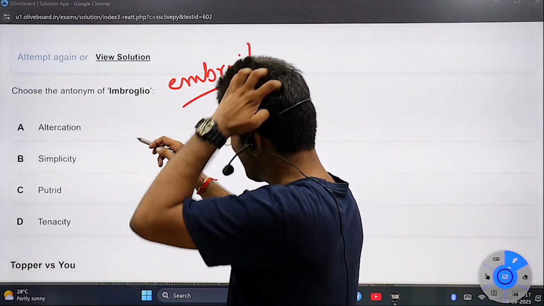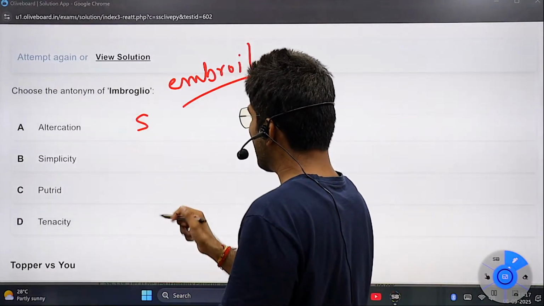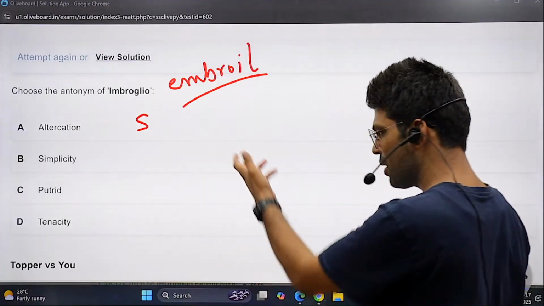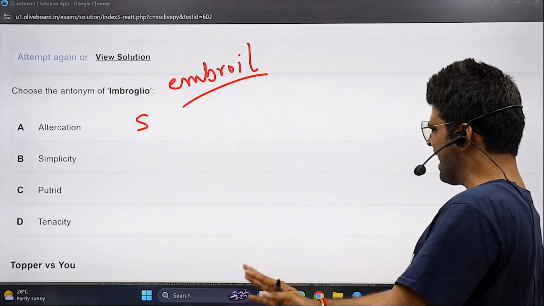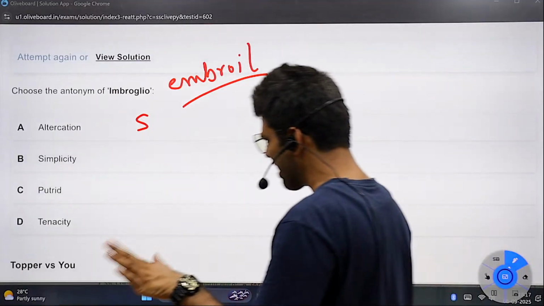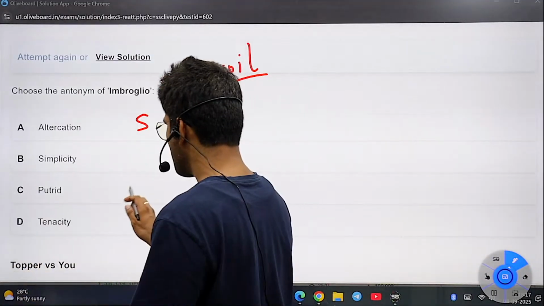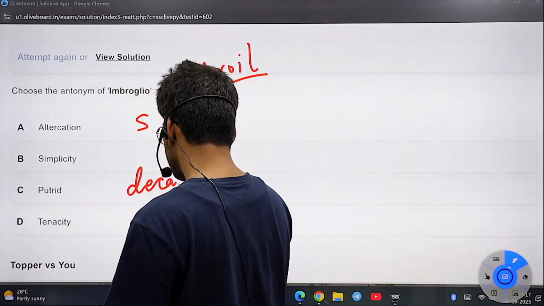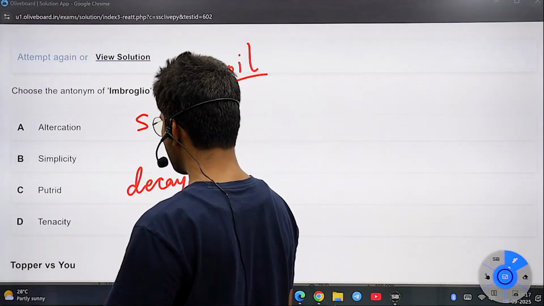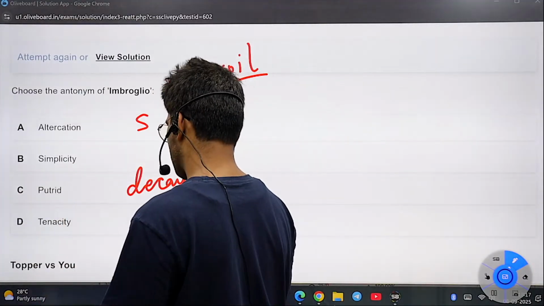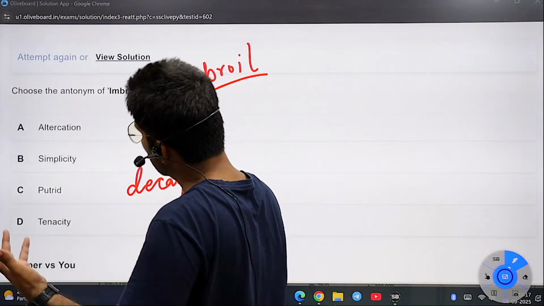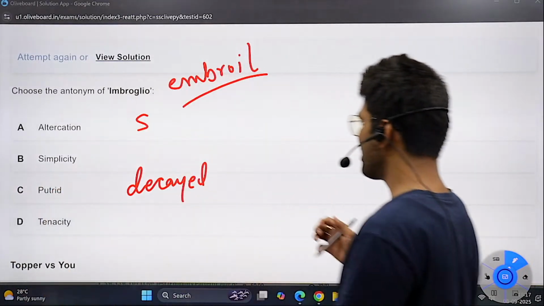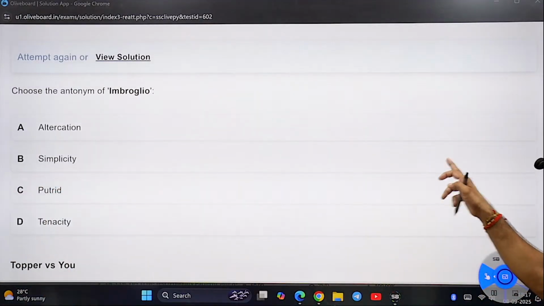I was amazed, irritated, so that will be the same. When you have a quarrel, you get irritated. Synonymous. You want the antonym. Putrid, decayed. Putrid smell, something which has decayed. So that will also be negative, not justifying anything positive. Tenacity, stubbornness. Audacity. No. Simplicity, the only positive word here among those negatives. Correct.